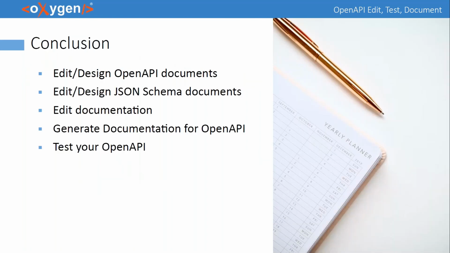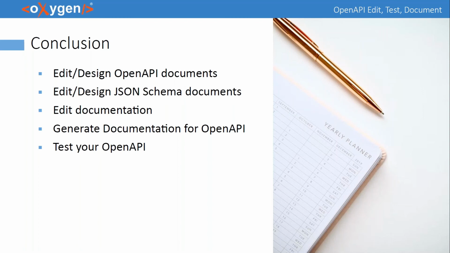So as a conclusion, we provide support to edit and design OpenAPI documents based on JSON schema. We provide this editing environment based on associating JSON schema with content completion and validation. You can also edit and design JSON schema documents, and here we have a specialized editor with a diagram view and a lot of tools that can be used for JSON schema.